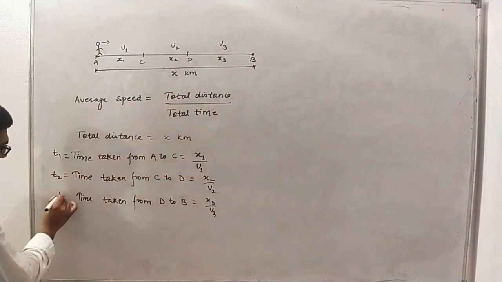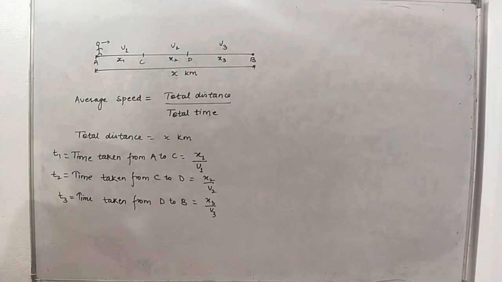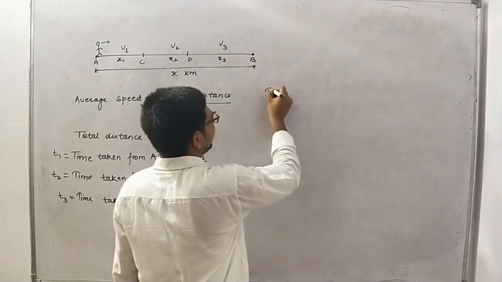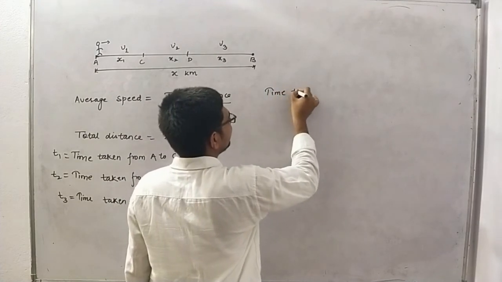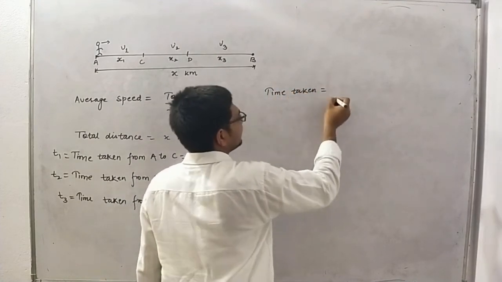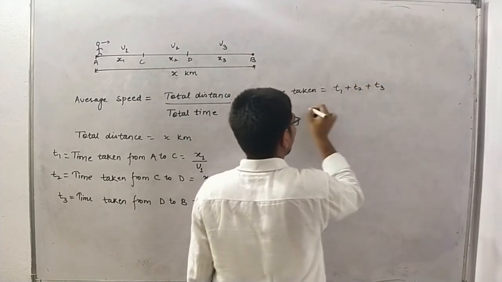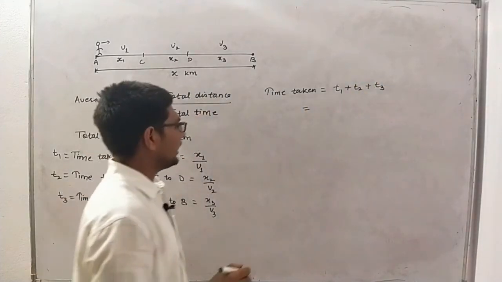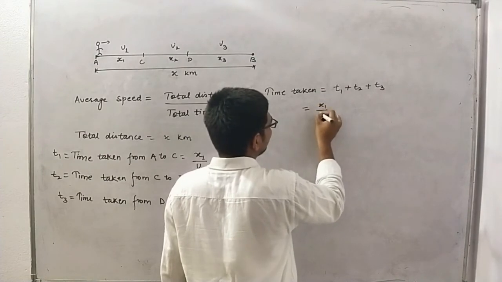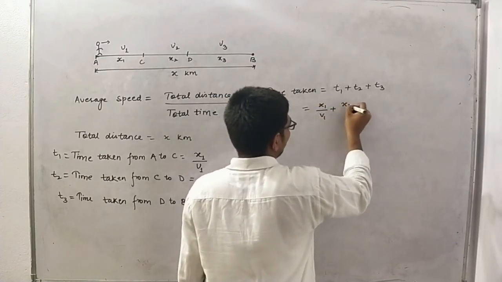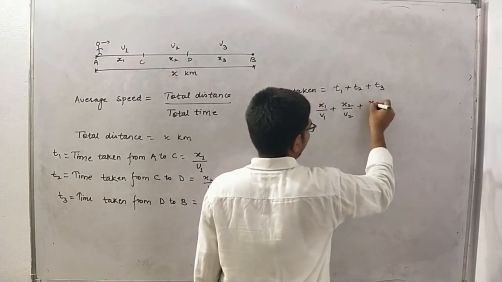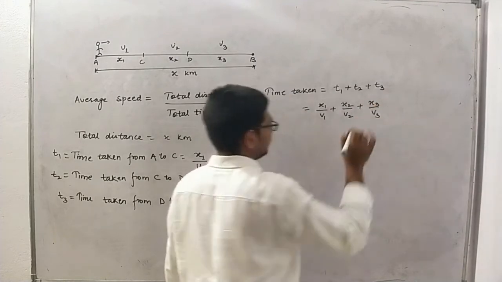Let us call this time t3. So the total time taken by the person is t1 plus t2 plus t3, which is equal to x1 upon v1 plus x2 upon v2 plus x3 upon v3.